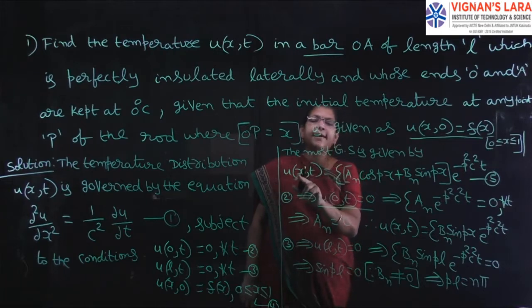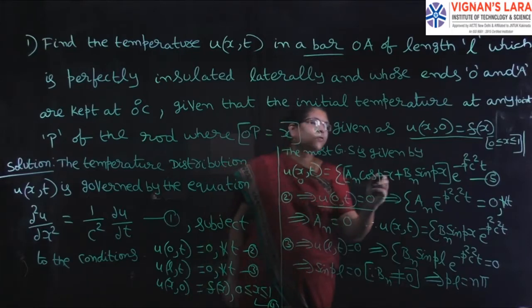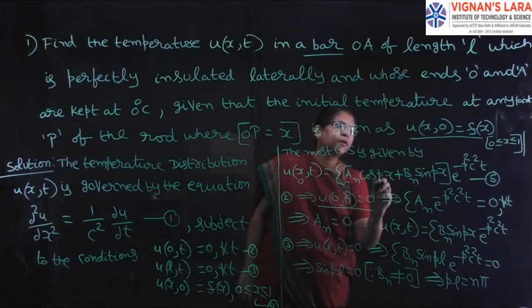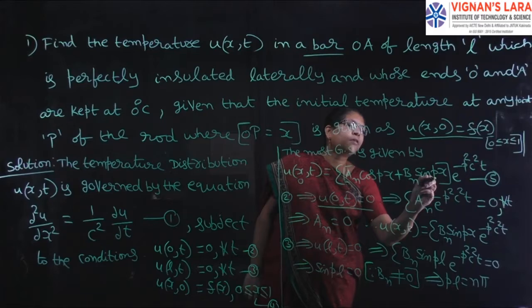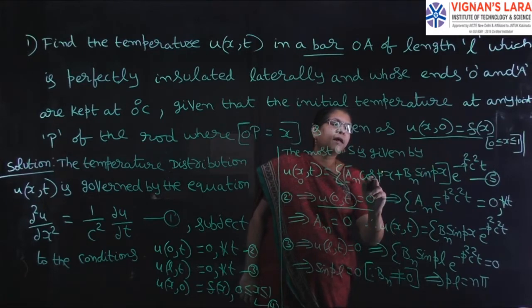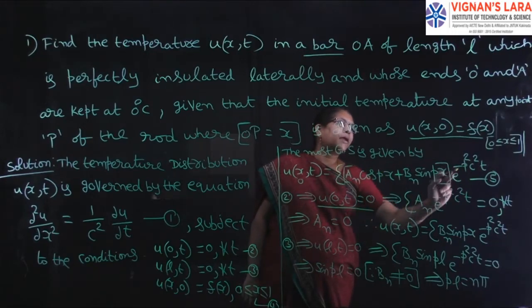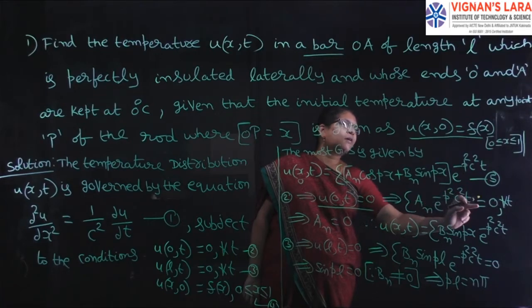If you take x = 0, then what will you get? u(0, t) = cos 0 is 1, sin 0 is 0. So this term will become 0 and cos 0 is 1. Then what will you get? Summation an e^(-p² c² t) = 0 for all t.